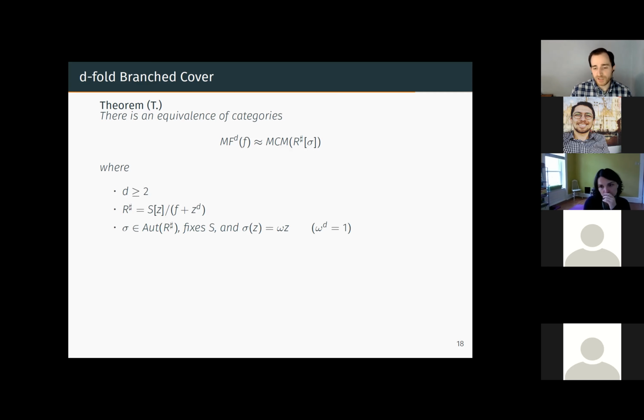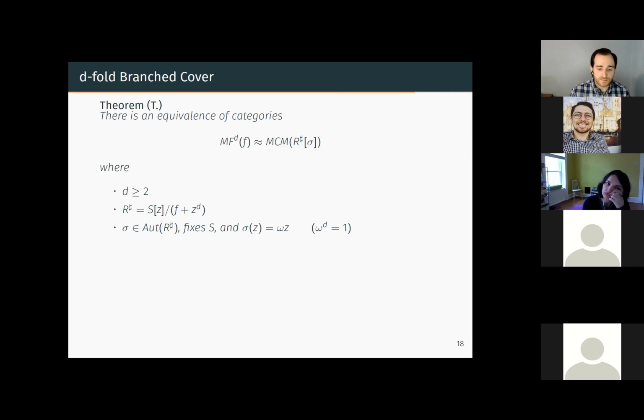The way I accomplish that is by taking a primitive d-th root of unity, which shows up a lot in all of this stuff, and sending z to omega z. So this defines the automorphism of R-sharp and allows you to define the skew group algebra R-sharp sigma, just as before, but now with this new context. And so it turns out those categories are equivalent.